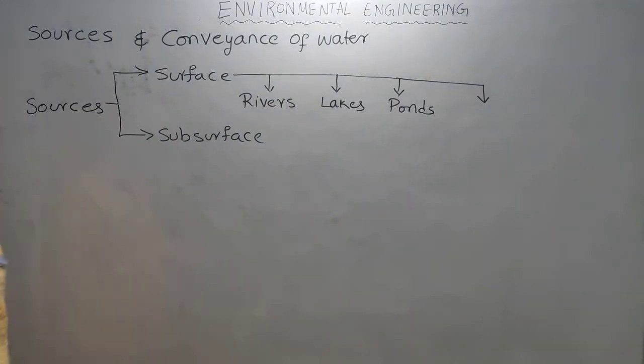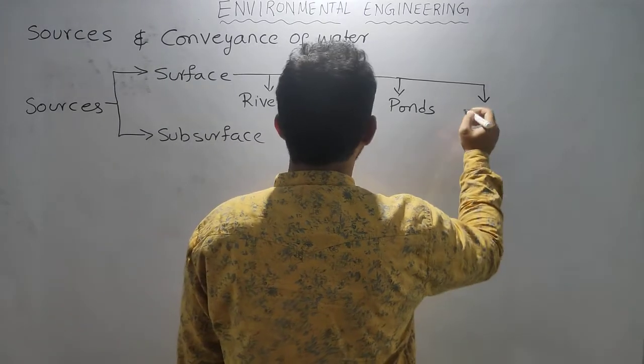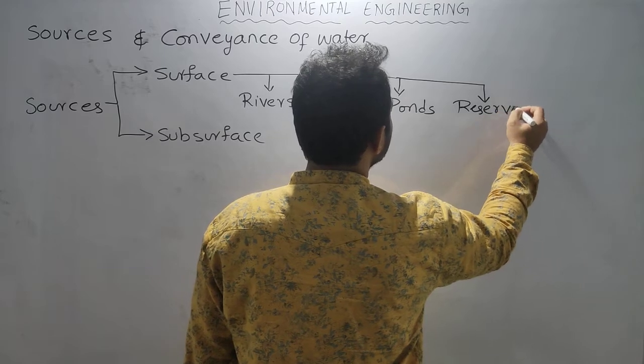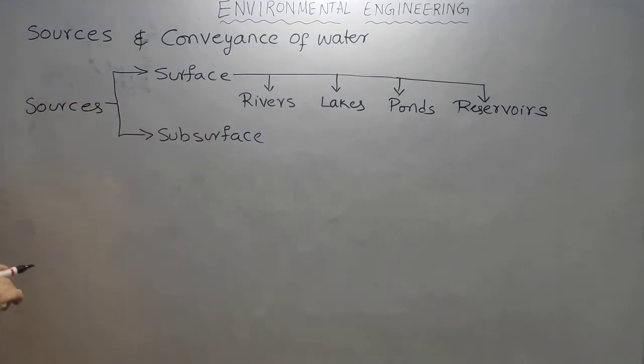Sea and ocean are also considered surface sources, but generally we don't use them as a surface source here, so that is why we don't take that. Okay, so these are the different surface sources we generally use.